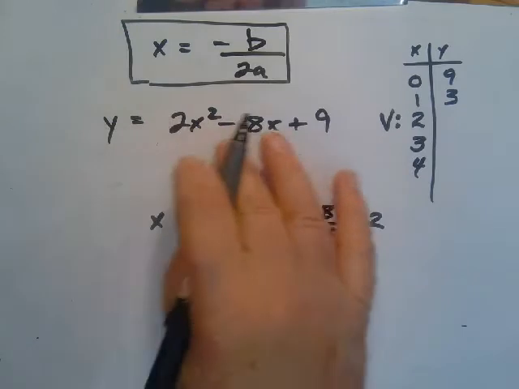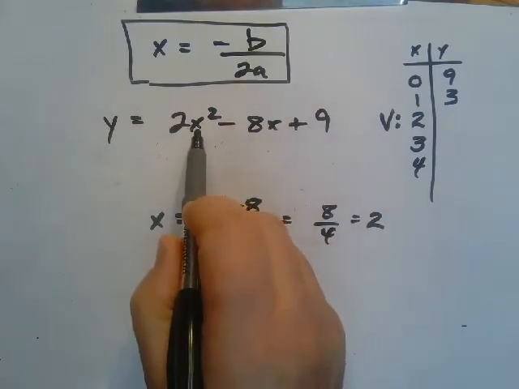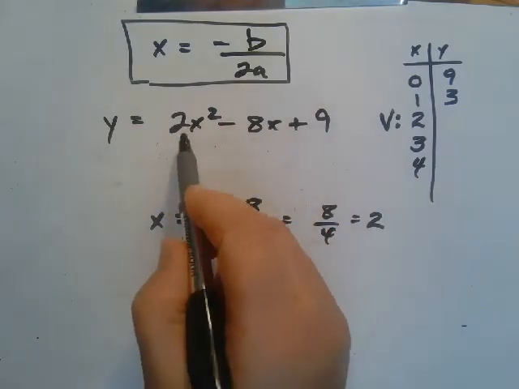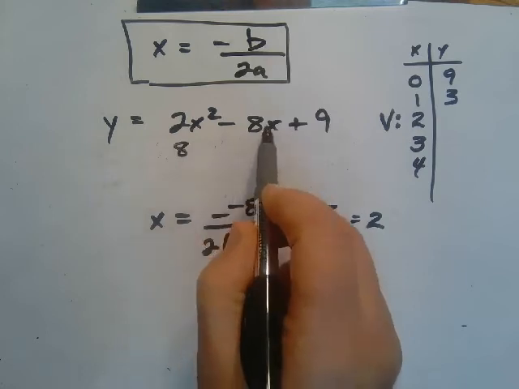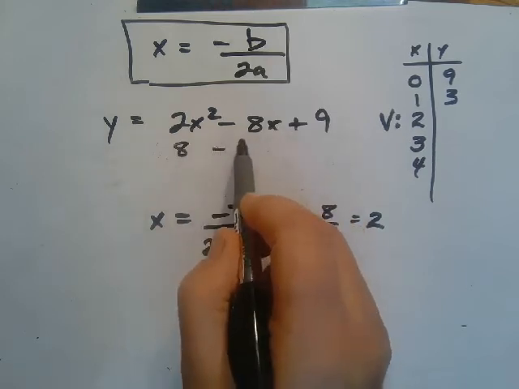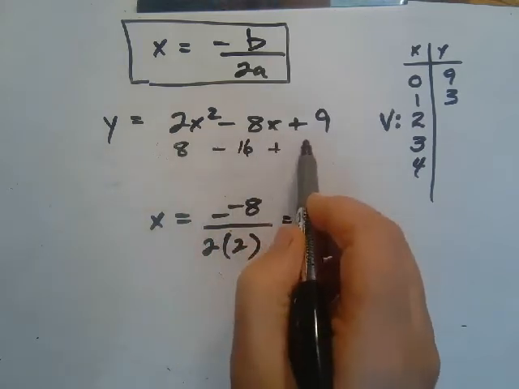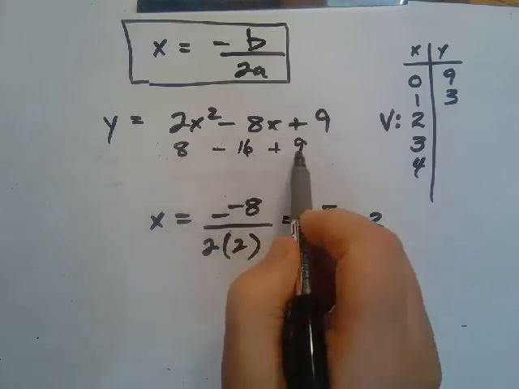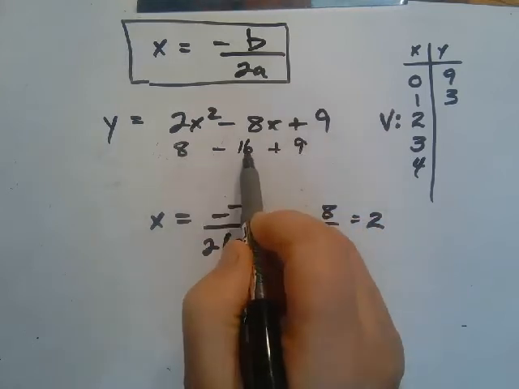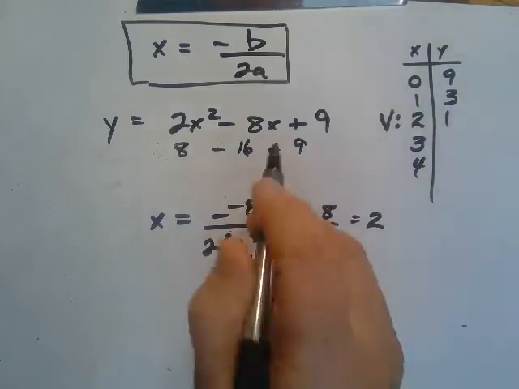Let's put 2 in there. 2 squared is 4. 4 times 2 is 8. 8 times 2 is negative 16. Plus 9, that's 17 minus 16 is 1.